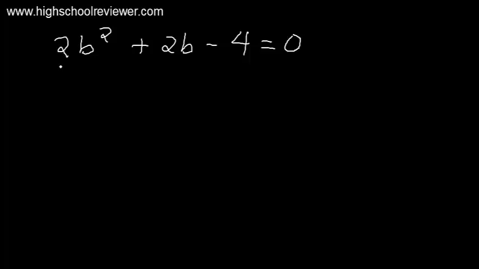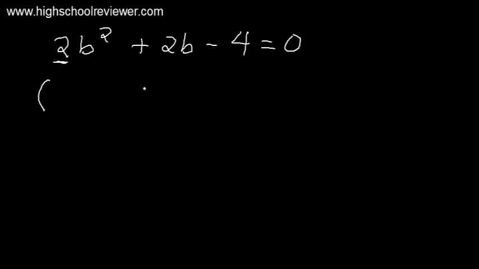Our next problem, we have positive 2b squared plus 2b minus 4 equals to 0. Now, since we have here a numerical coefficient before b squared, we are going to base our factor first on our first term.